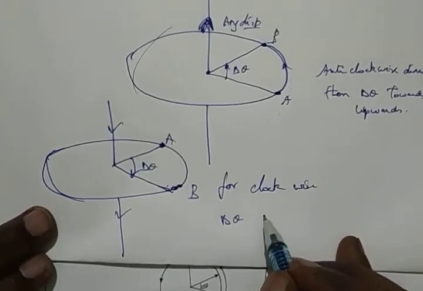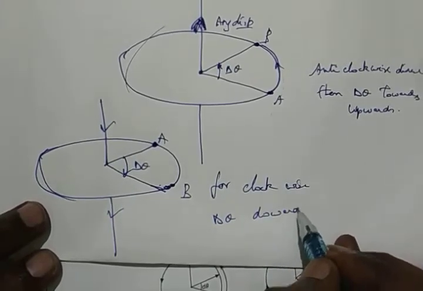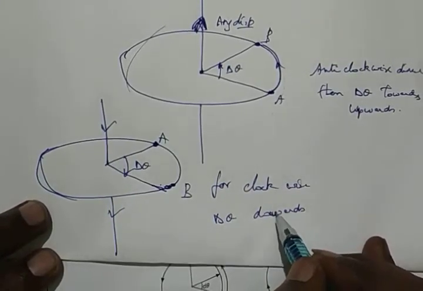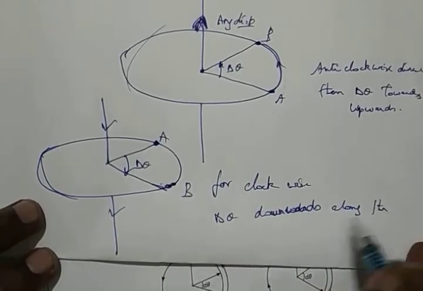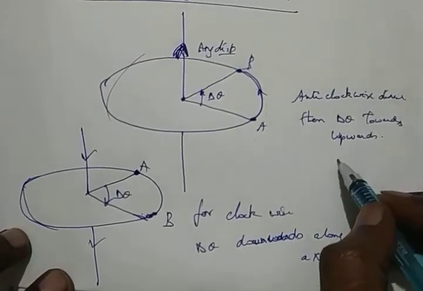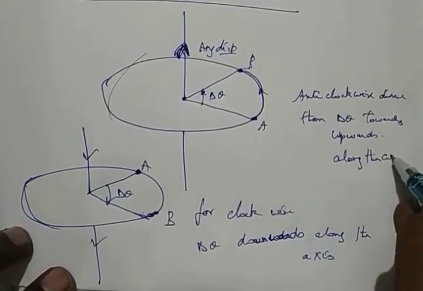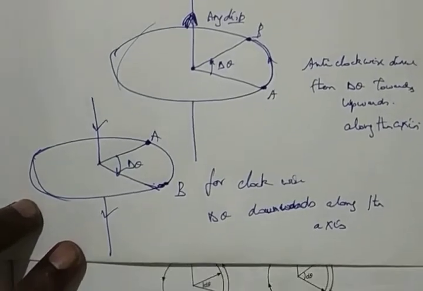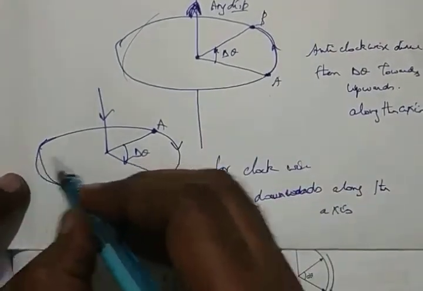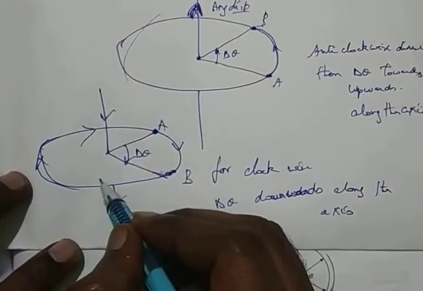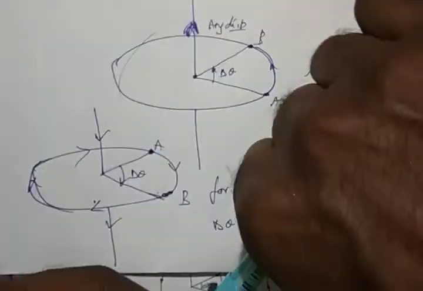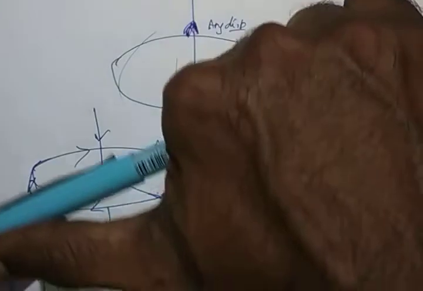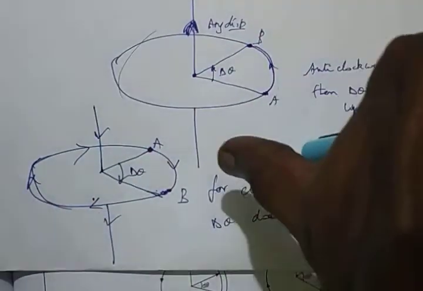Delta theta is downwards, along the axis, because it is coming like this. It is going like this. So when you do this way, keep a pen and grab it in the down direction. This is the direction. It is downwards. So you'll see it is coming downwards. Okay. So something like that.